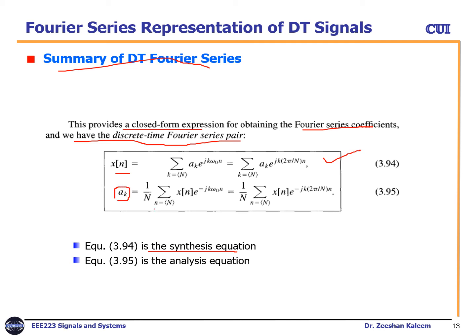Here n varies from 1 to N, whereas in the synthesis equation k varies from 1 to N. So you can find x[n] and a_k using equations 3.94 and 3.95.